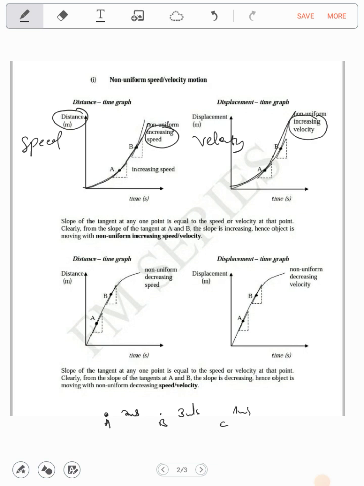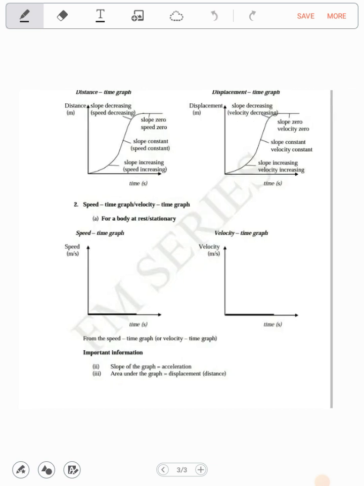So when speed is decreasing, you draw it this way. And when velocity is decreasing, you draw it this way. This can only happen when you have distance and time, or displacement and time. This is just the same as the previous one.